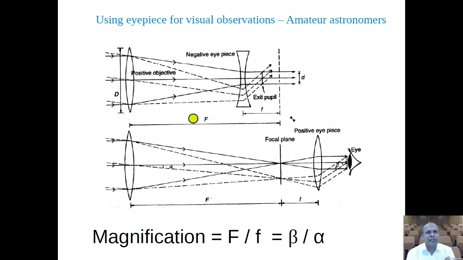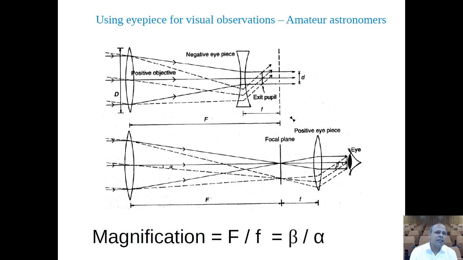Capital F is the focal length of this lens, and small f is the focal length of this eyepiece element. Similarly, in another case where we use a positive eyepiece, these numbers are shown over here, and there are angles alpha and beta. Alpha is the angle subtended by this objective for that object, and beta is what is seen by your eye.